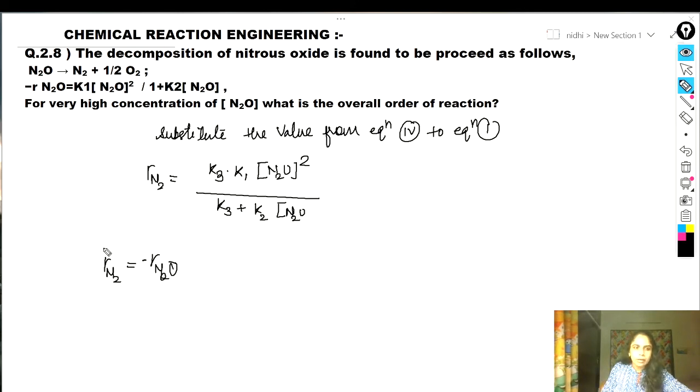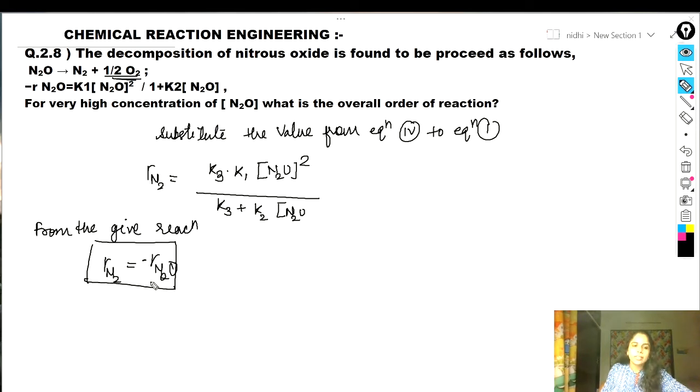Fine. Right? From the given reaction, we know that the rate of formation of nitrogen is equal to the rate of disappearance of nitrous oxide. Fine. So in place of N2 we can substitute this.